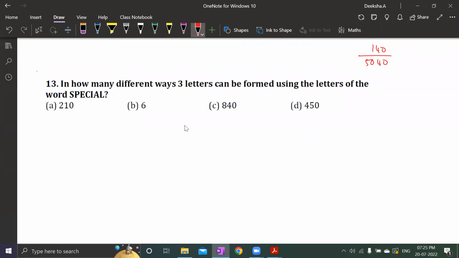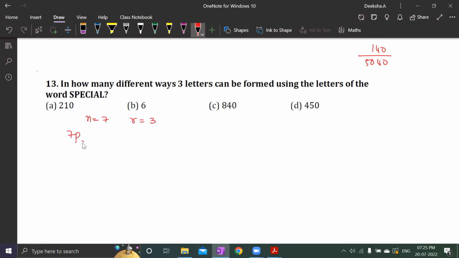What's the answer here? How many letters are there? What is the N value and R value? 7P3, correct. So N is 7 because we have 7 letters. We need to form 3-letter words.